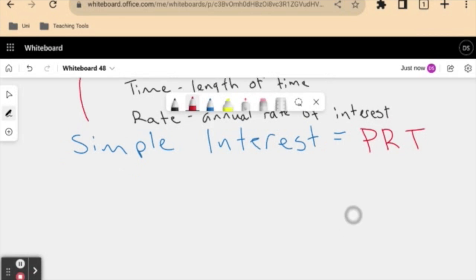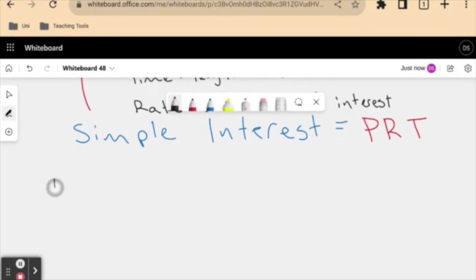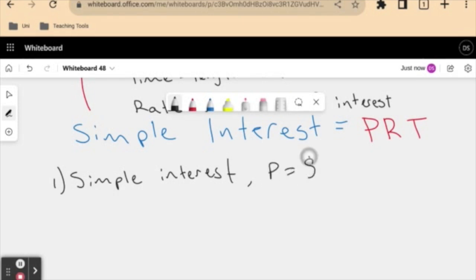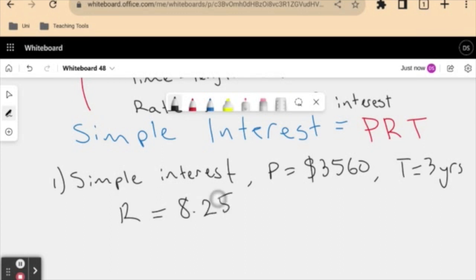So let's look at an actual example. And this is going to be a two-part example. So in the first part, I want to find out the simple interest on a principal amount of $3,560 with a time of 3 years and a rate of 8.25% per annum.